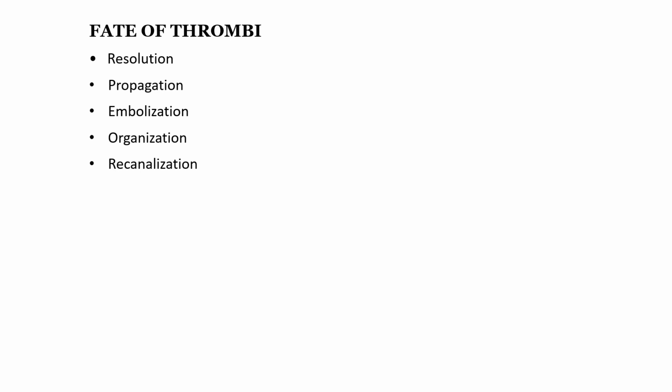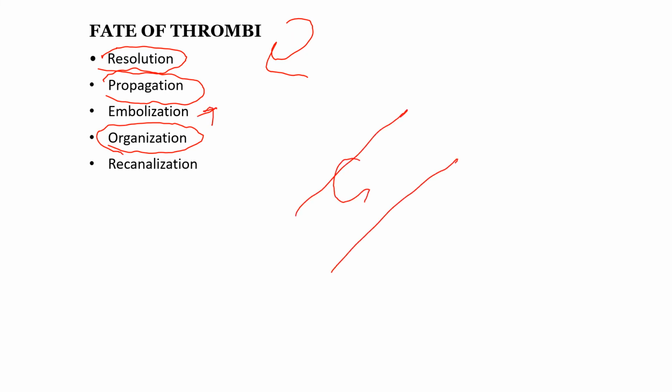So fate of thrombi, what is the end of a thrombus? Either resolution, lysis, propagation, increasing in size, organization, become fixed to the site, or embolization. If you have, for example, this is a blood vessel and you have a thrombus in the blood vessel.